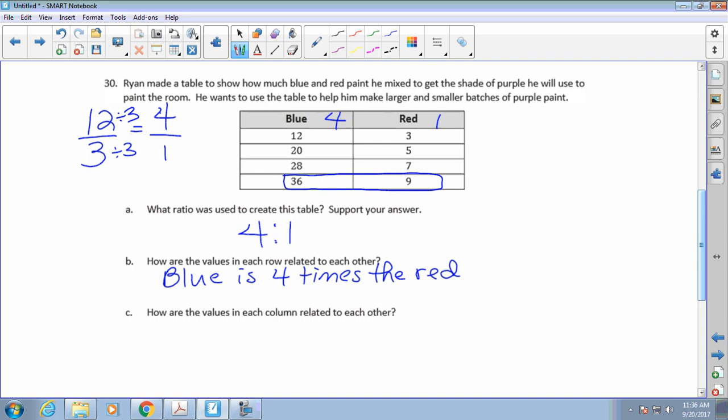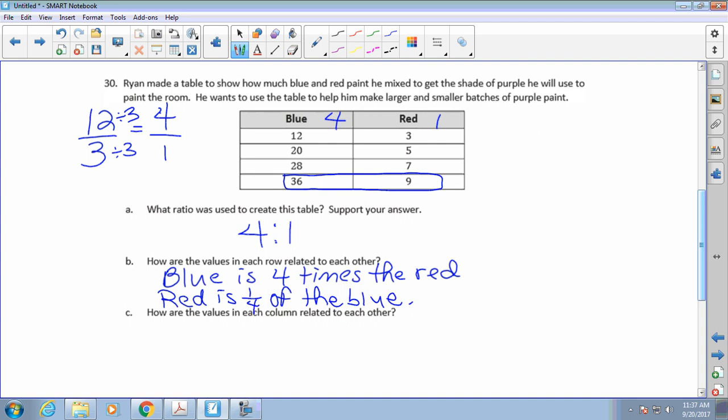It is a fraction. What fraction? Nope, it's not 1 times it. We are dividing it by what? 4. So 1/4. Well, do you see that, Brianna? Okay, so blue is 4 times the red. Red is 1/4 of the blue. So if we take our blue, divide it by 4, that's going to give us our red amount.